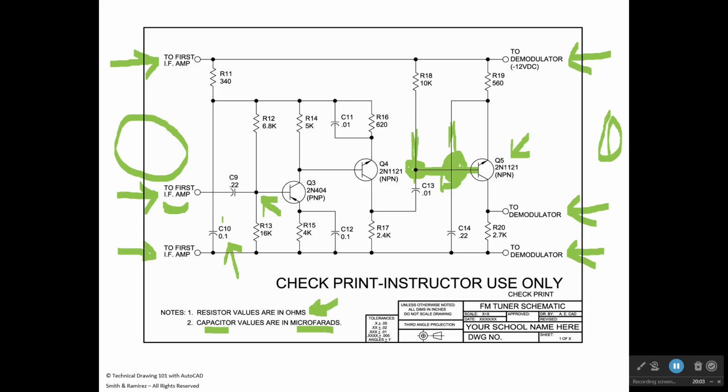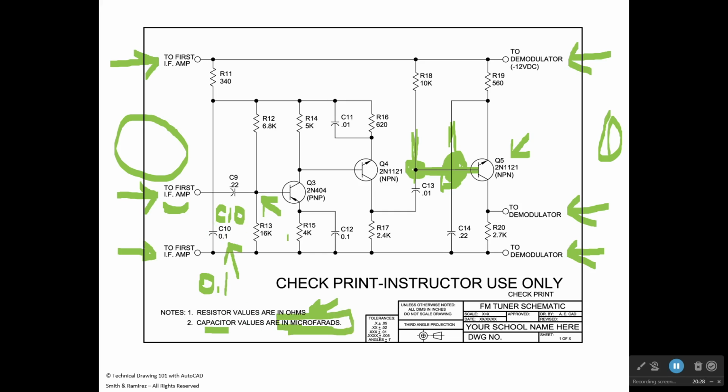The reference designator for a capacitor is C, and this is capacitor number 10. Below it, we see this 0.1. What that tells us is that the value of this capacitor is 0.1 microfarads, because this note says that all our capacitor values are in microfarads.